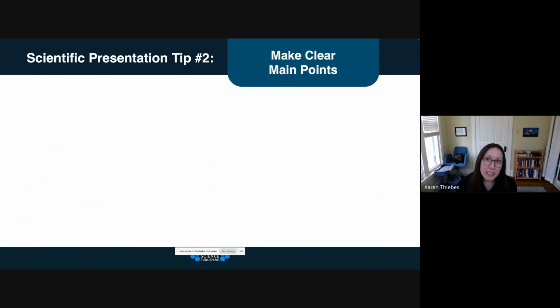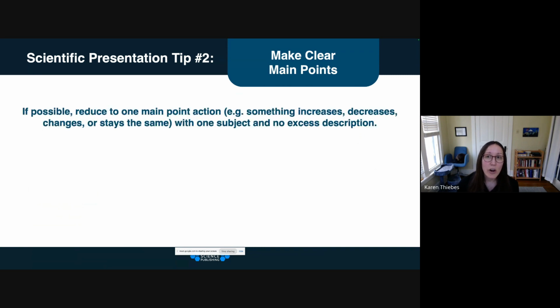Now, I'm going to jump into my favorite tips for making clear main points. When we're trying to make clear points, especially in the scientific industry, there is a tendency for both posters and slide presentations to write sentences that are extremely complex, right?